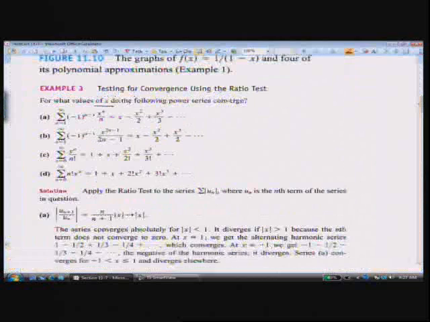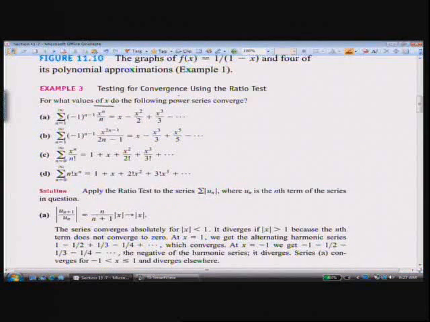Okay, so if I come back in here and look at this series, x minus x squared over 2 plus x cubed over 3, what I'm going to do is look at u n plus 1, like x cubed over 3, divided by u n. So I'm going to look at x to the n plus 1 over n plus 1 divided by x to the n over n. And since I'm looking at the absolute value, the fact that it alternates, I can just throw that out. I don't have to worry about it.